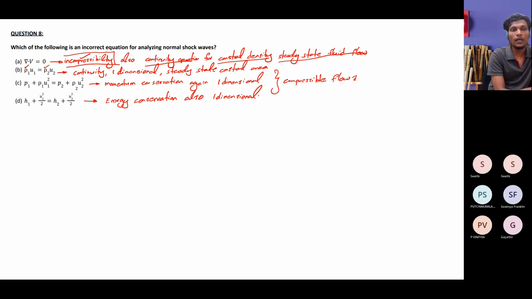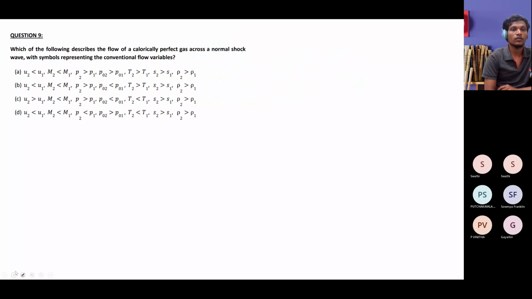When we try to apply any equation for the normal shock wave, the first primary condition is that it should be compressible. The equation should be able to handle the compressible terms in the flow field. So this option is incorrect. This is not a suitable equation for handling the normal shock waves. Okay. Let's go to the next question.